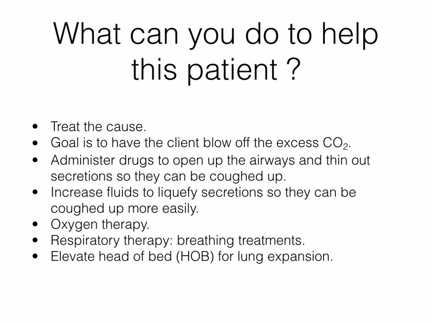We will give some drugs maybe to open up the airways and thin out the secretions so they can be coughed up. Increase fluids to liquefy secretions, which are not letting the patient blow off the excess carbon dioxide because there is a problem with the patient breathing. Oxygen can help, breathing treatments can help, and we can elevate the head of the bed for lung expansion. Okay, so let's go to the next slide.